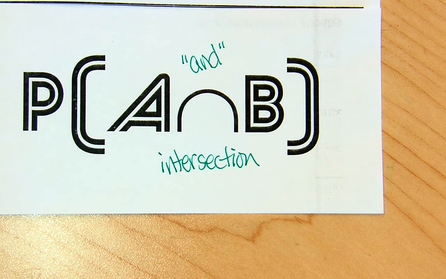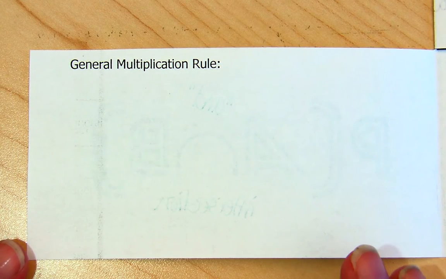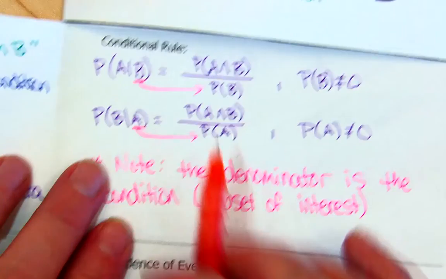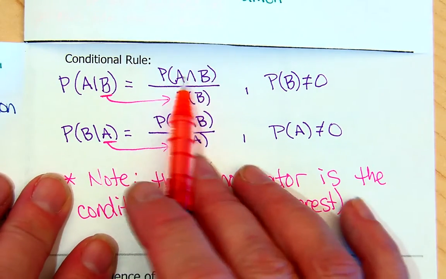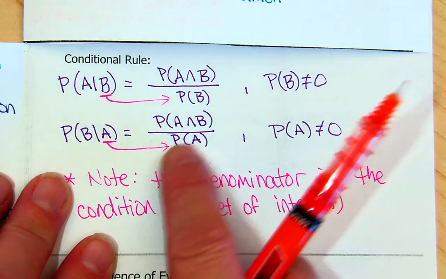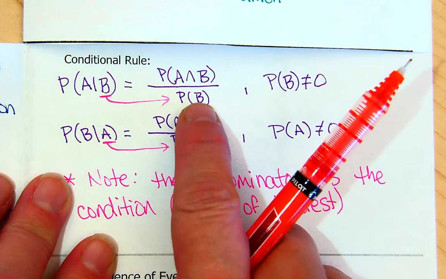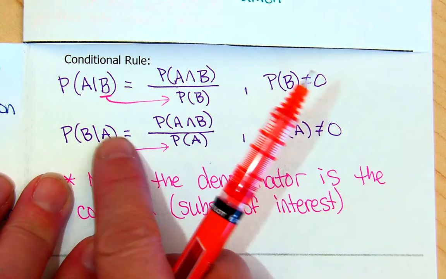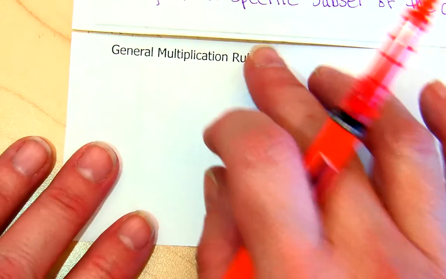Okay, so to get to this general rule, this is really using this up here. If you notice the numerator on both of these is what we're looking for in this bottom part. It's the A and B. So if we multiply both sides by this denominator, we get our general multiplication rule.